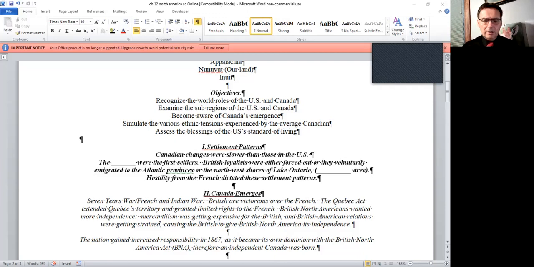Both Canada and the United States are predominantly urban, highly productive, and very affluent. Settlement of the region by Native Americans, First Nations in Canada, began a long time ago. I don't like to get into dates, right?